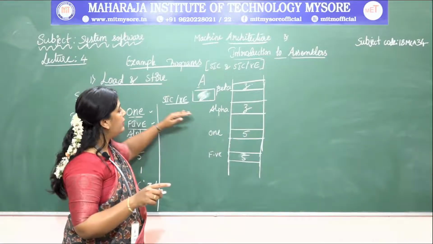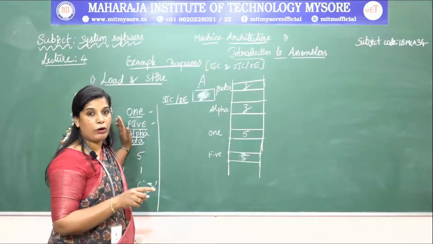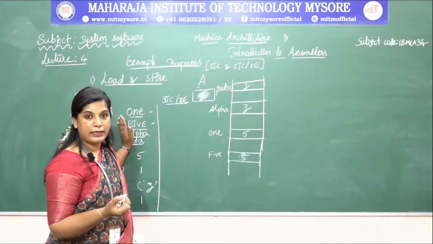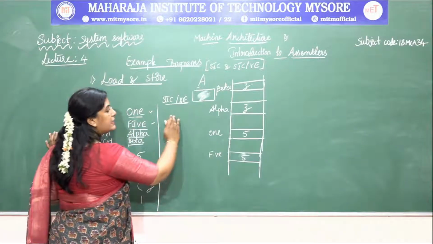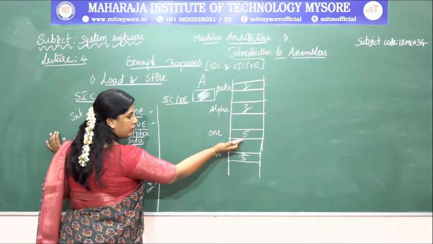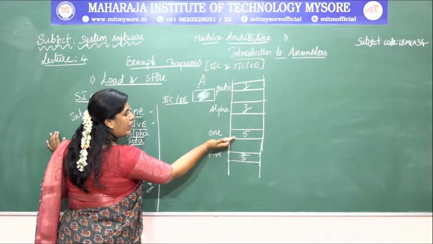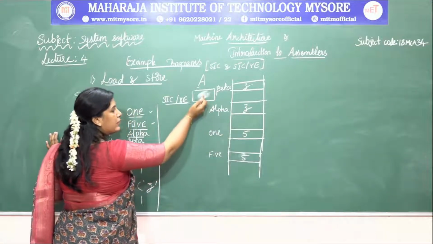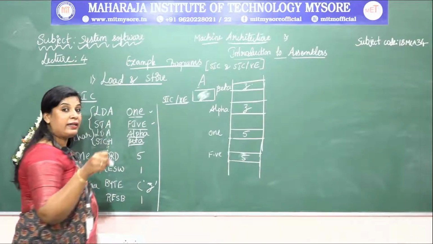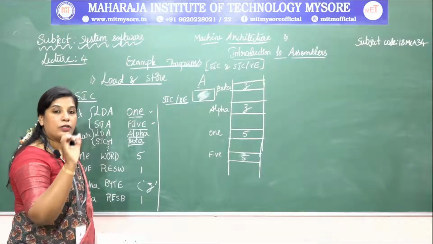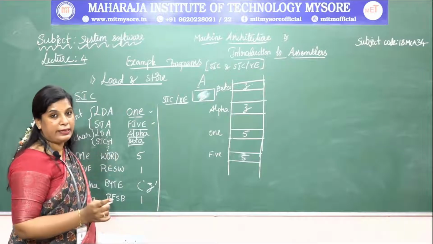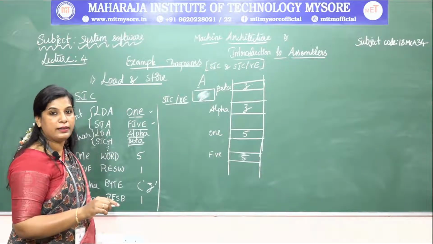Because SIC does not use different kinds of addressing modes, in the SIC/XE machine architecture, instead of referring to a memory location to store the value into the accumulator, I can directly store that value to the accumulator immediately, using the immediate addressing mode.